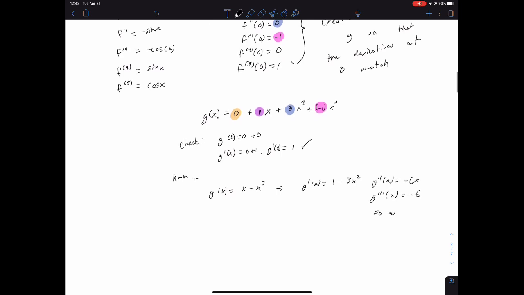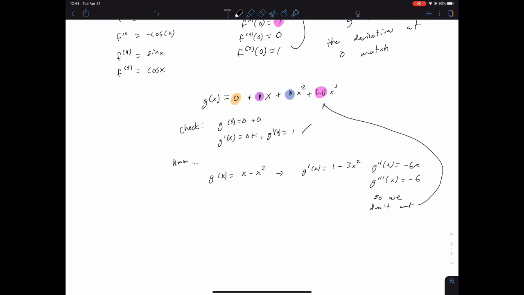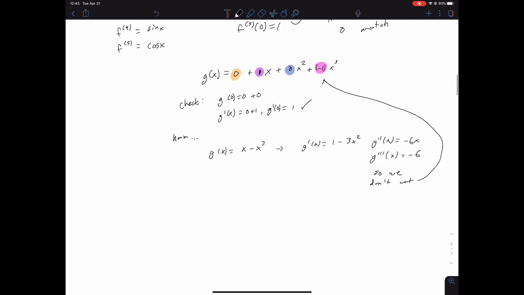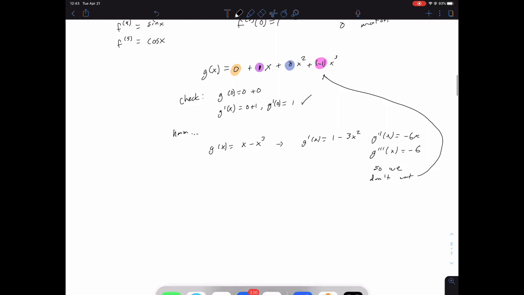So we don't want minus 1 here, because what I'm wanting to get is minus 1. I want to get rid of that 6. I want this to be a minus 1 instead of a minus 6. So what I'll actually use is x, and then instead of minus 1 here, I'll do minus 1 over 6.